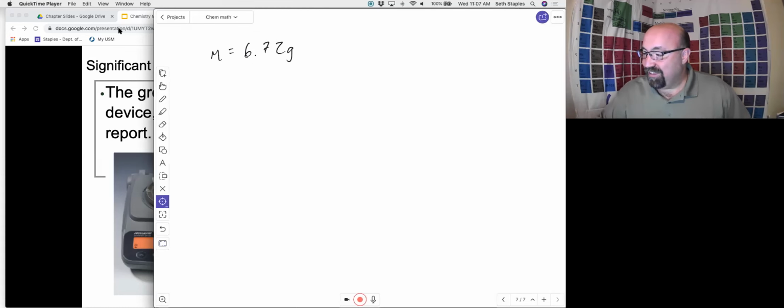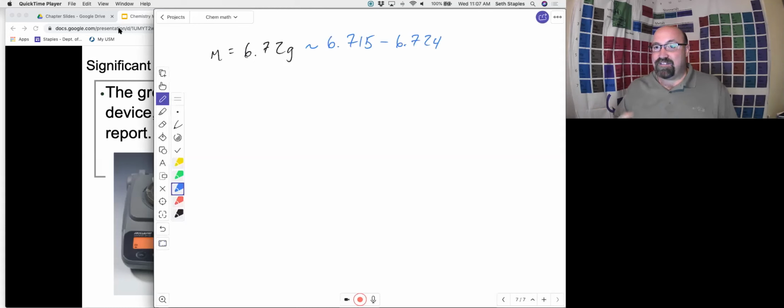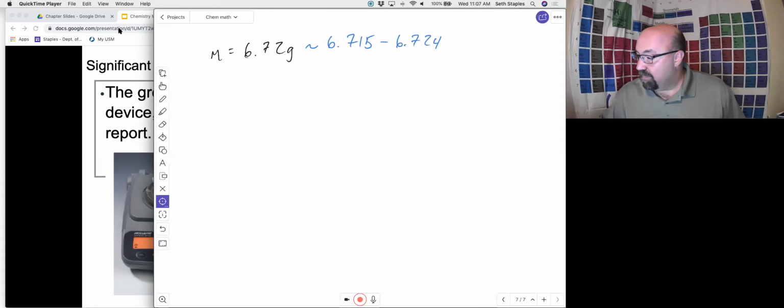And so realistically, this 6.72 actually is anywhere between 6.715 to 6.724. The actual mass is anywhere within this range. And we don't know exactly where it is, because the measuring device that we're using, again, can only go to the hundredths spot.